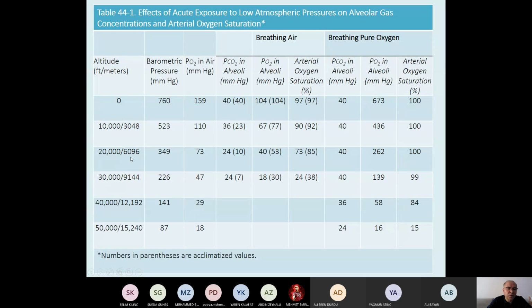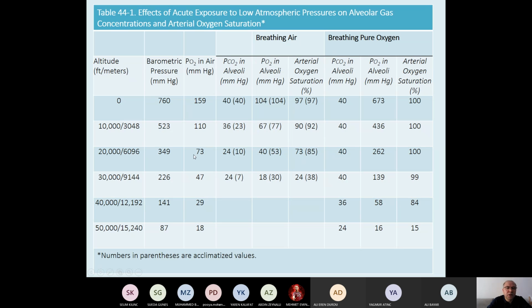How about 20,000 feet altitude, or 6,000 meters high? So this is very, very high mountains, okay? Like Everest or something.